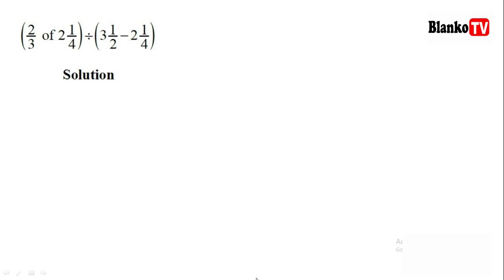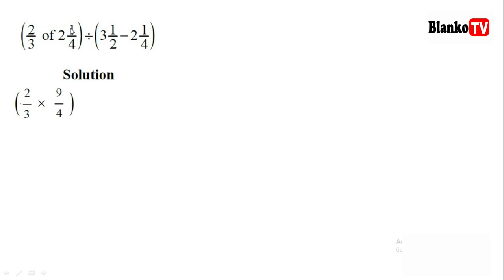Okay, all right. So we have 2 over 3, as I explained earlier, the "of" is multiplication. So 2 over 3 times, then we change this mixed fraction to an improper fraction. 4 times 2 will give us 8, so 8 plus 1 will give us 9 over 4.